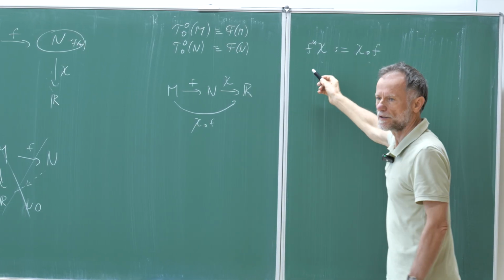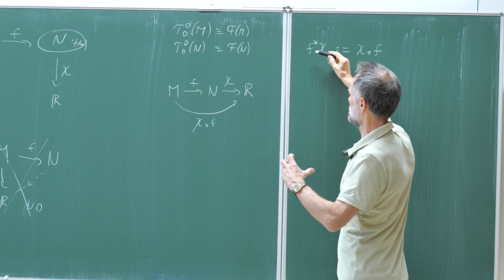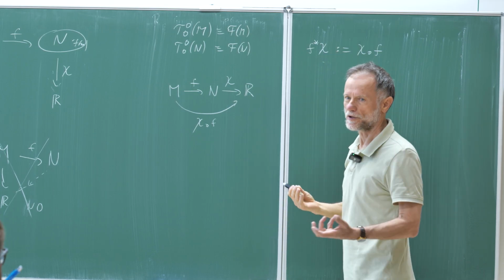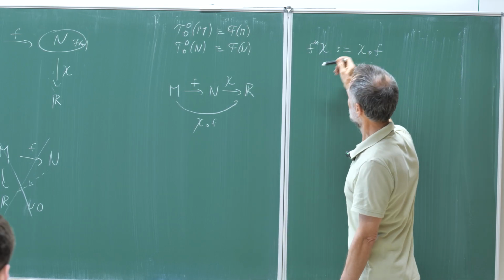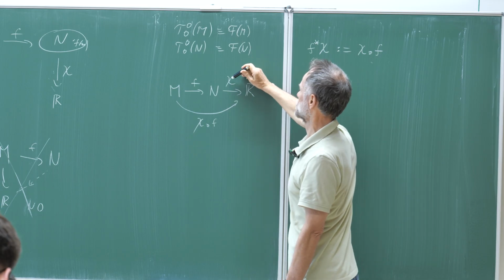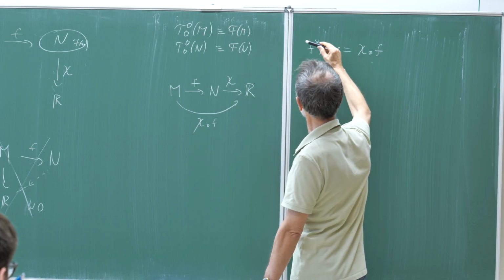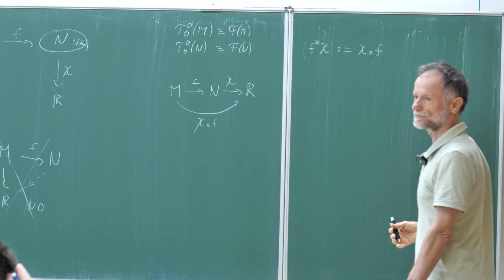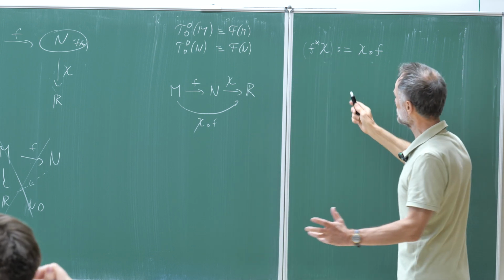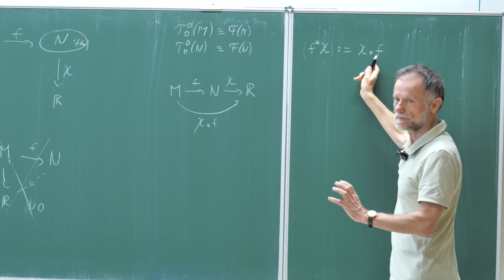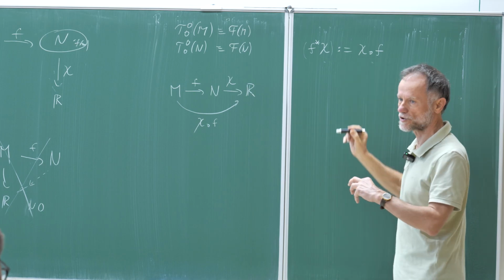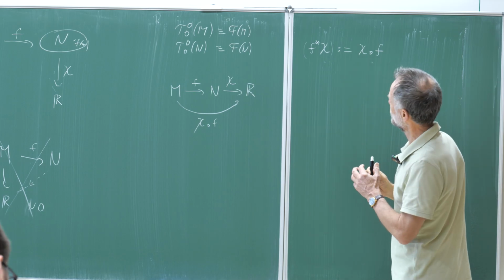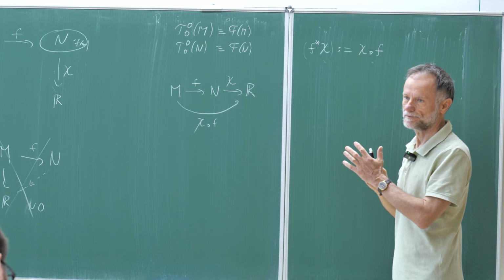So here it is meant that there is some operator or some grinder to which you give this function chi, and you produce this function f star chi. Yes? And it is done in this way. So it is some operator on functions which depends on the mapping f.